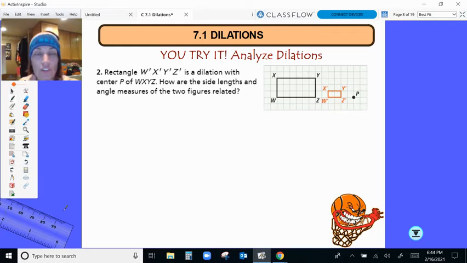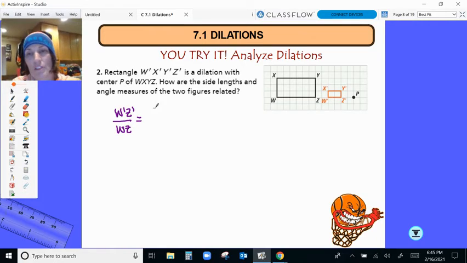So right here, if rectangle W prime, X prime, Y prime, Z prime is a dilation with center P, how are the side lengths and angle measures of the two related? Of course, we know all the angles are the same. And really on these, you need to just look and see what the ratio is between my W prime Z prime to my WZ.